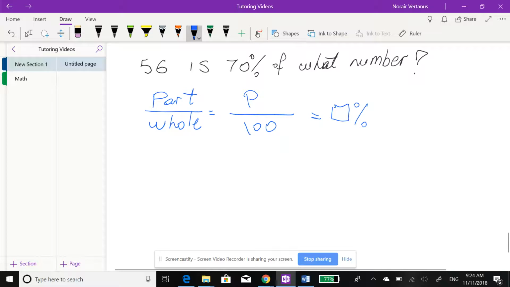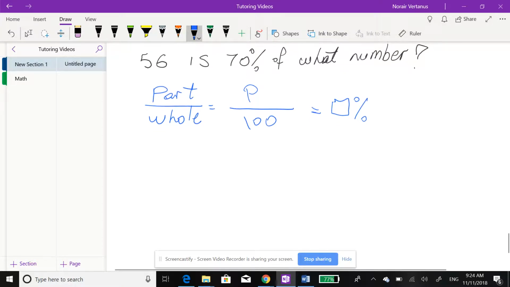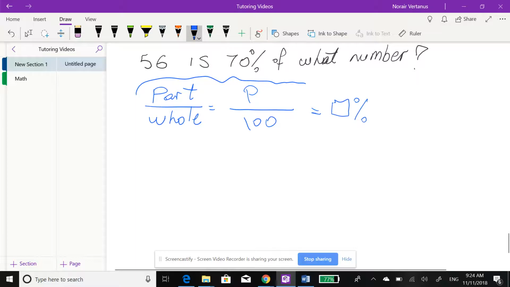So what is the part, what is the whole? You know this p should be less than 100, right? In this case it is 70%. So this formula that I'm using, I'm going to apply to this problem, and the p could be more than 100.